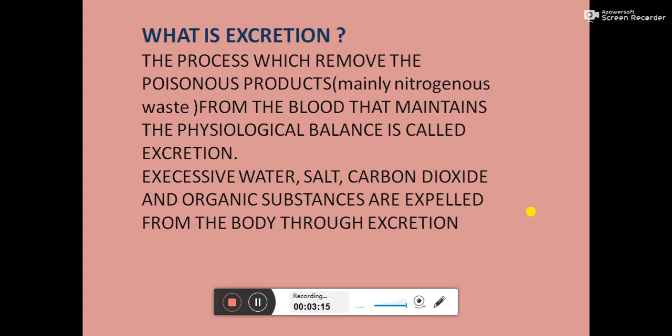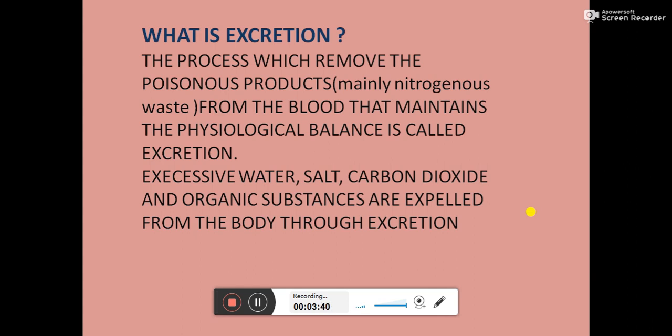Now we learn what is excretion. The process which removes the poisonous product, mainly nitrogenous waste, from the blood to maintain the physiological balance is called excretion. So excretion is a process. What does it do? It removes the poisonous product. Which type of product?